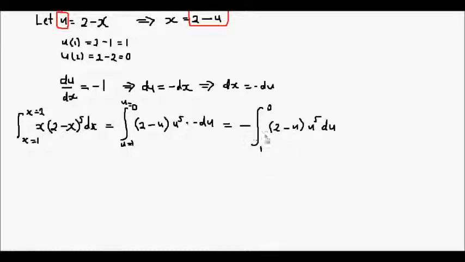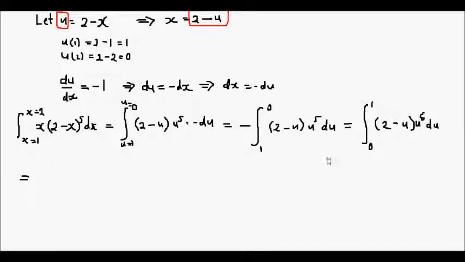Now I'm going to switch the bounds upside down because it makes more sense to integrate from the lower bound to the higher bound rather than from the higher bound to the lower bound. So this can be rewritten as the positive of the integral from 0 to 1 of (2 minus u) u to the 5th du.